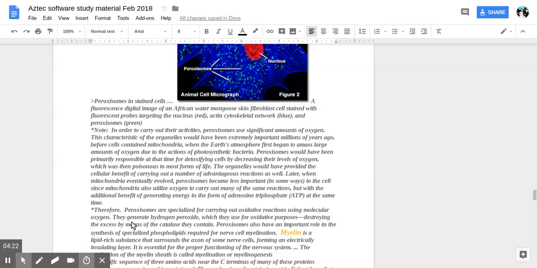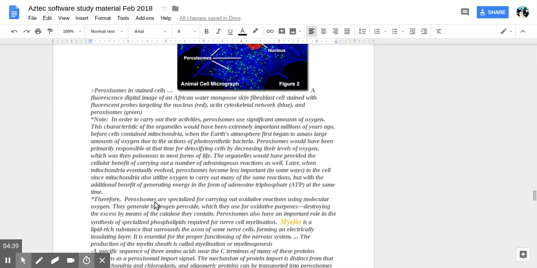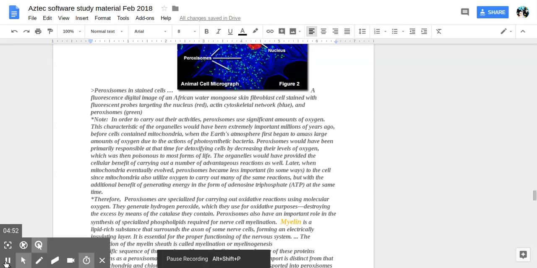Myelin is a lipid-rich substance surrounding the axon of nerve cells, forming an electrically insulating layer around nerve cells. The phospholipids are essential for the proper functioning of the nervous system. The production of this myelin sheath is called myelination or myelinogenesis.